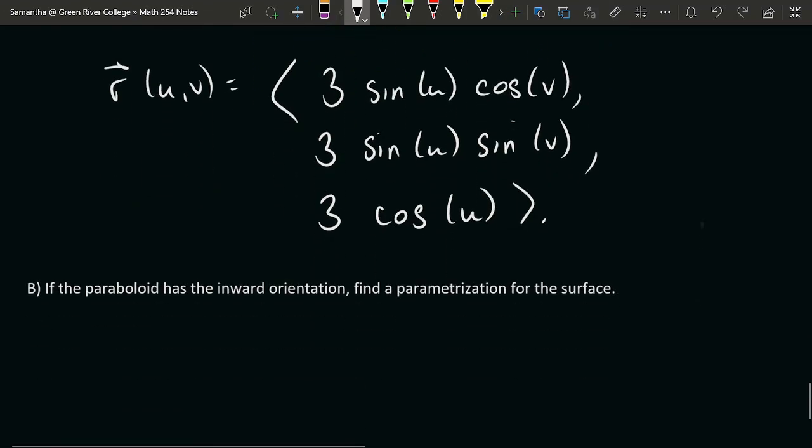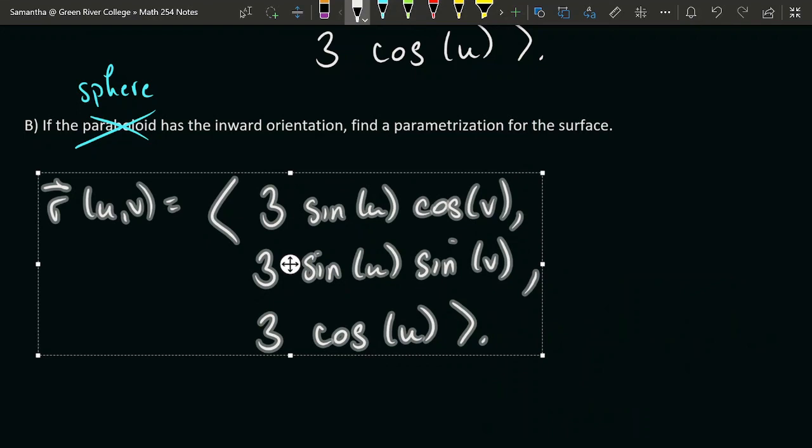Now, someone says, actually, I want my sphere to have the inward orientation instead. I want to fly in the face of convention, and I want an inward flow into this sphere to be treated as positive. If you want to reverse the orientation of your parametrization, then all you have to do is steal the formula that you got before. So I've done a bit of stealing here.